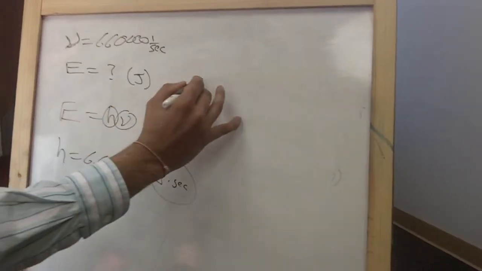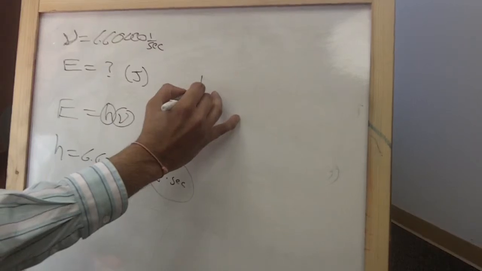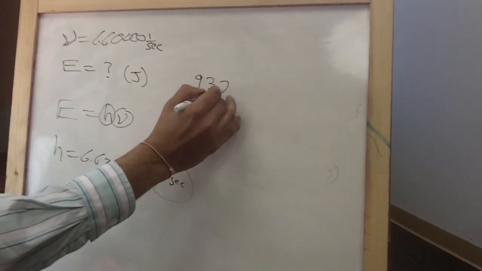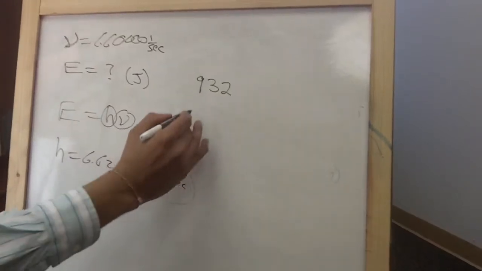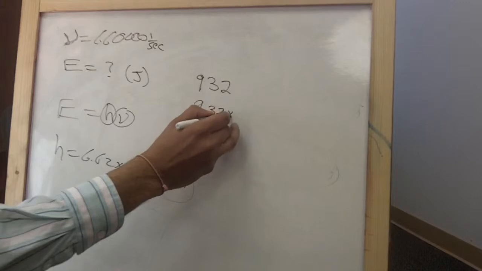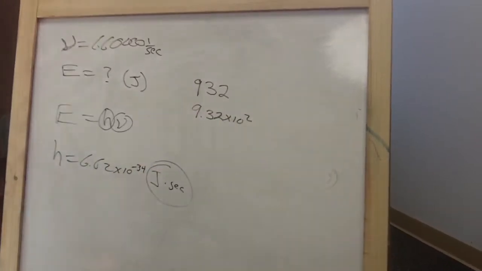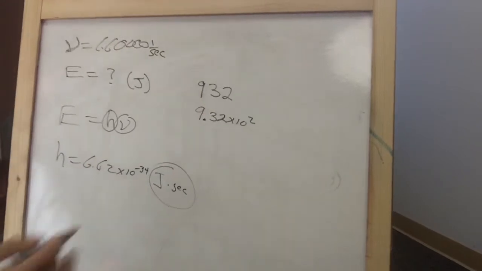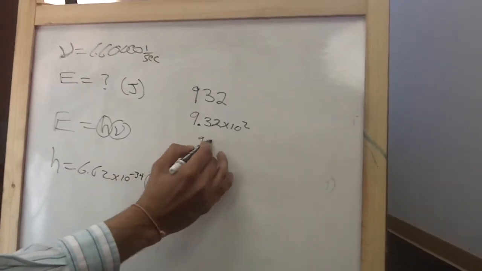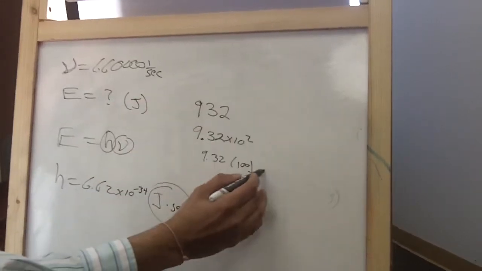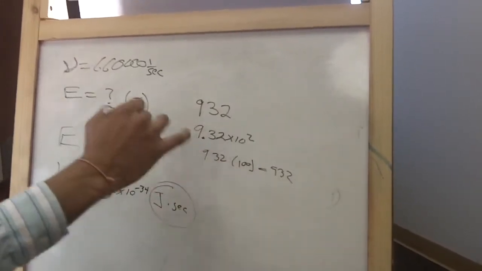So for example, if we were to say 932, scientific notation is 9.32 times 10 to the 2. We keep the point here, right? Because what's 10 to the 2? That's the same thing as 9.32 times 100, which then gives you 932. You're just moving your decimal around.